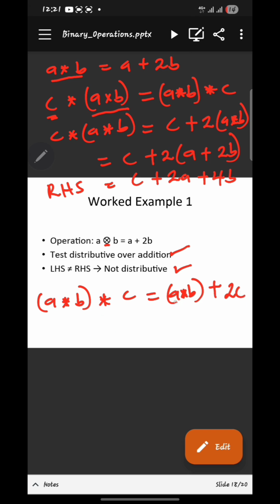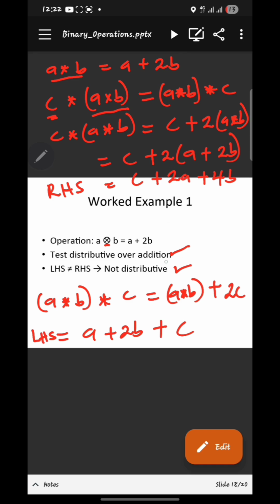Now, don't forget that this one too has an operation on its own. So we now perform the operation on this one too. So we are going to have A plus 2B, then plus C. So this is our left hand side. Now compare these two.